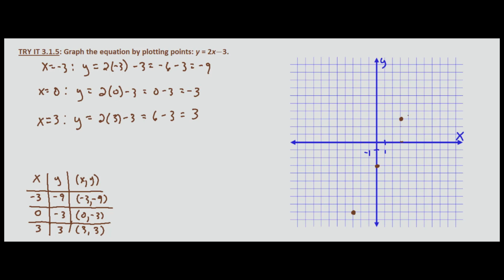And then to graph the actual line, we simply draw a line through the 3 points. And that is the graph for y equals 2x minus 3.